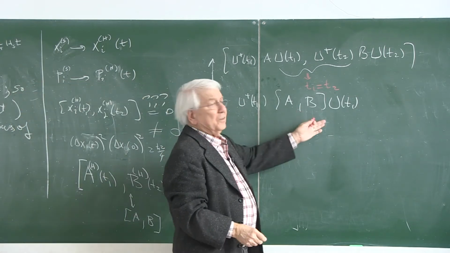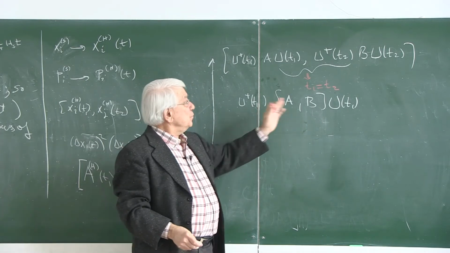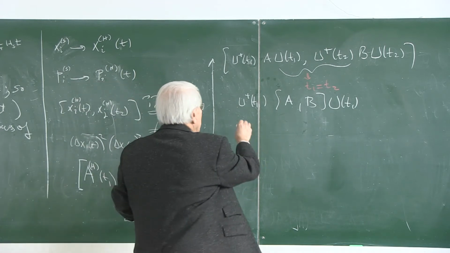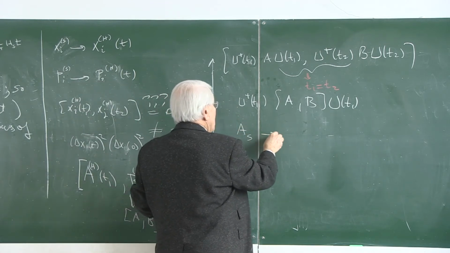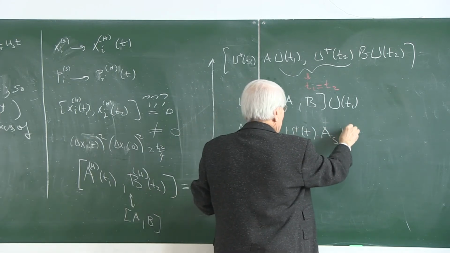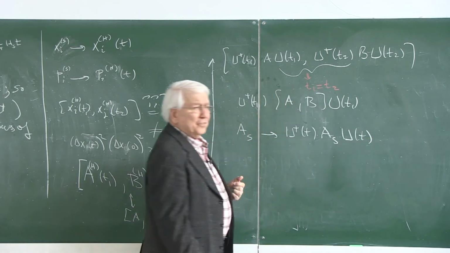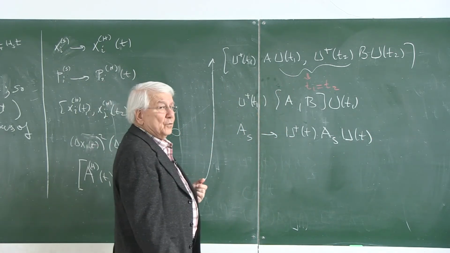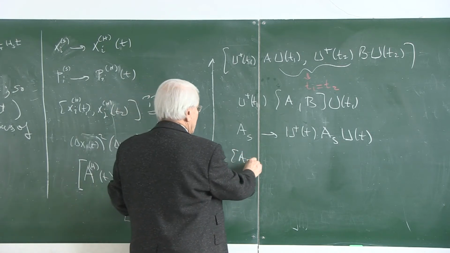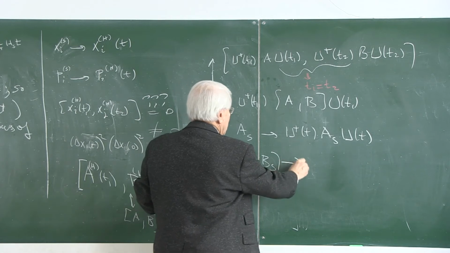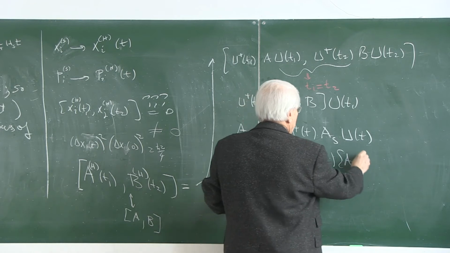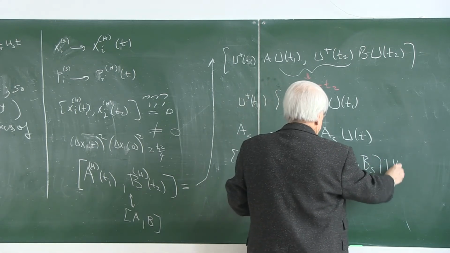So whatever this commutator is, it is transformed in the usual manner. So we get a new lesson now. The new lesson is that Schrödinger picture operators transform as such to the Heisenberg picture, and commutators also transform the same way under U. A Schrödinger commutator [A,B] transforms as U dagger of T, [A Schrödinger, B Schrödinger], U of T.